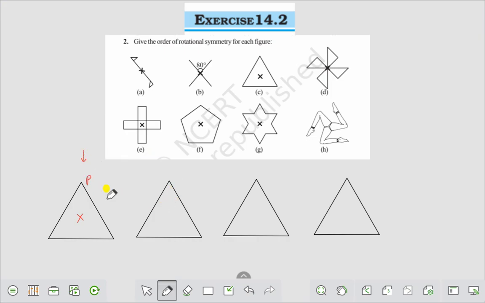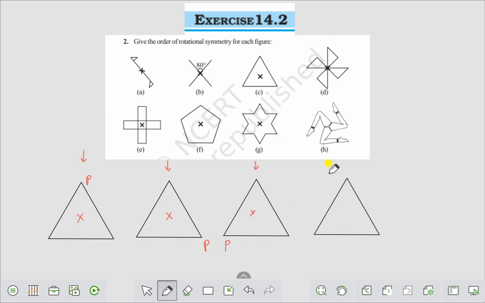If you turn this point, the P will come here, and the arrow is here. In this position, the triangle looks the same as this. And if you again turn, this P will come here. This is the second position, and it looks the same as the original triangle.